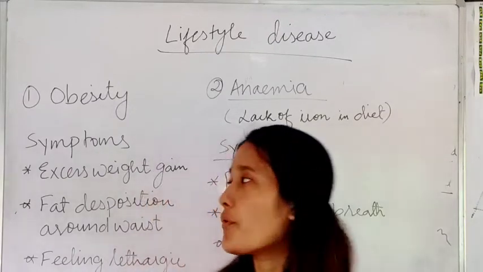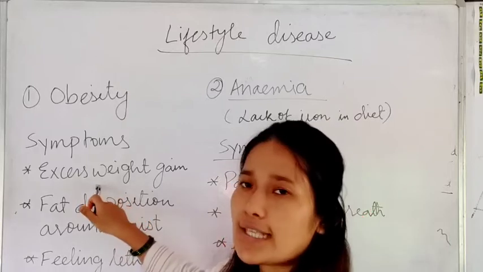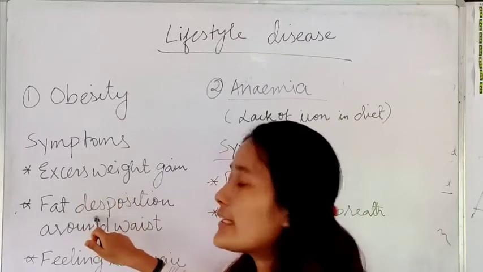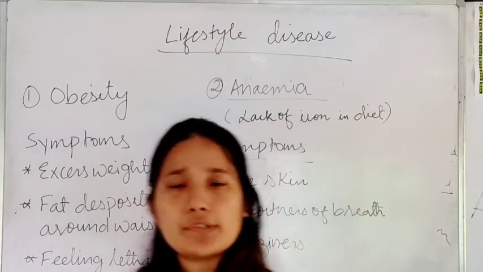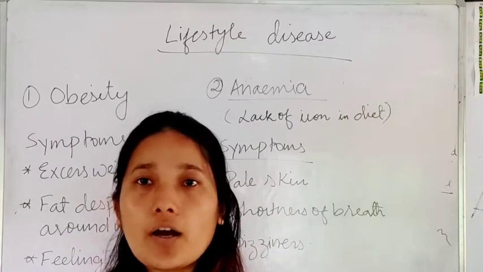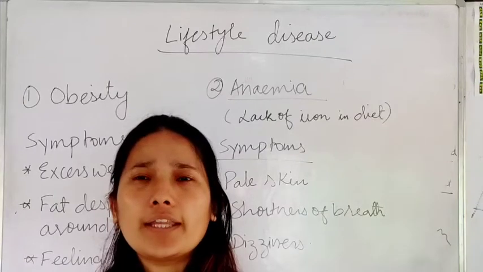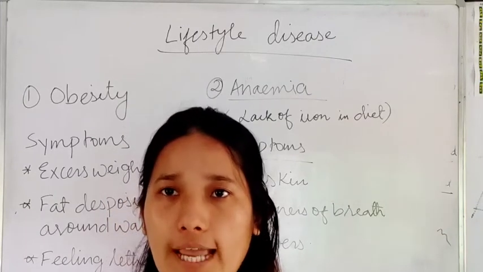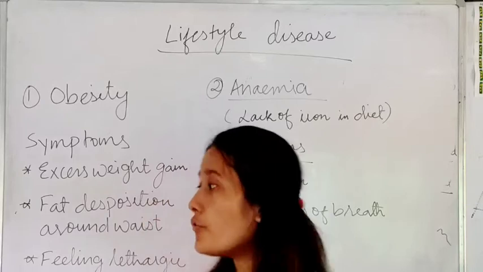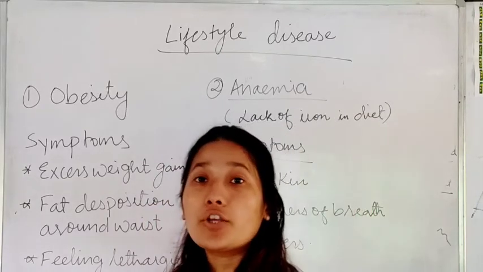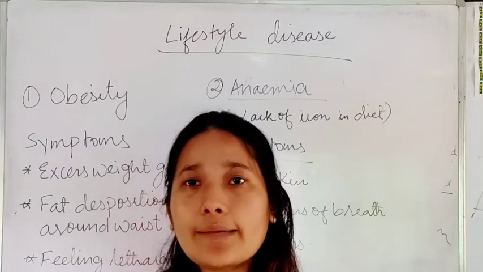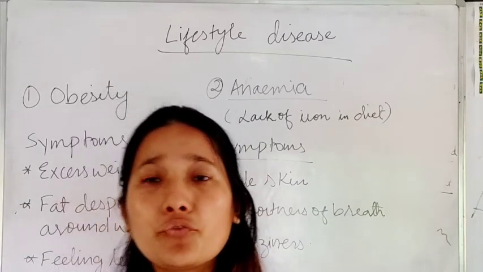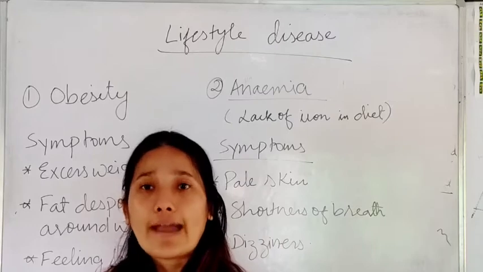So symptoms of obesity are excess weight gain, fat deposition around the waist, and that person is tired all the time, regardless of not doing any work. How can you control obesity? By eating healthy food, by taking a balanced diet, by avoiding food which is rich in fats.